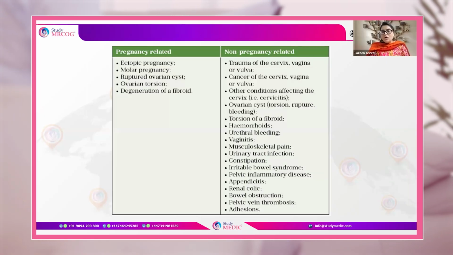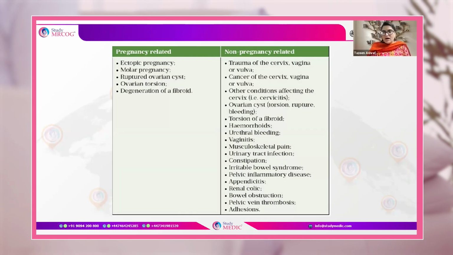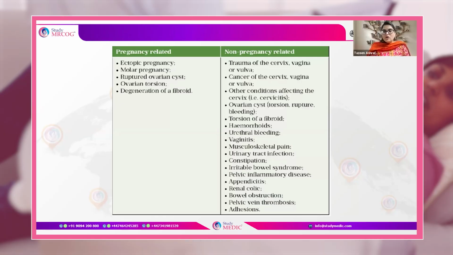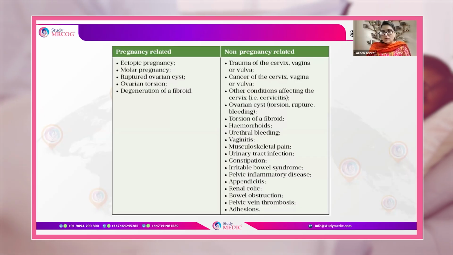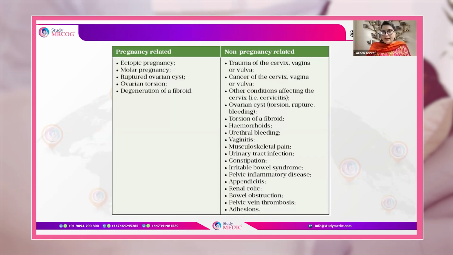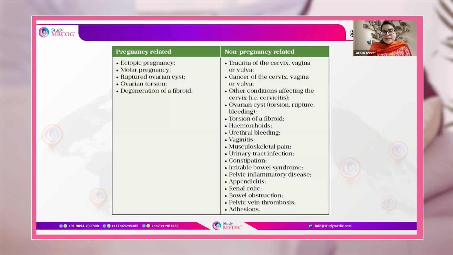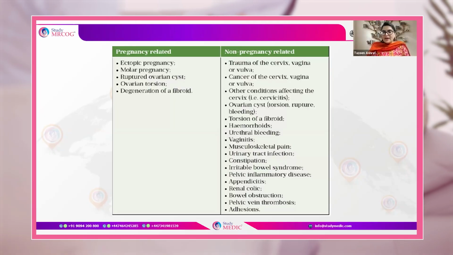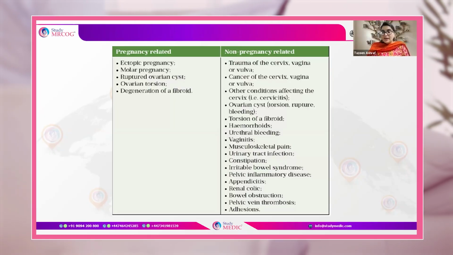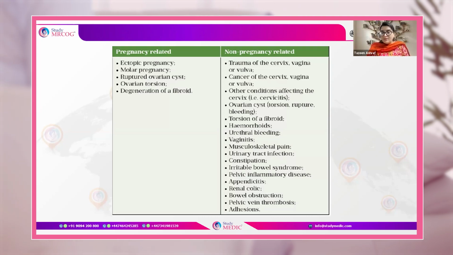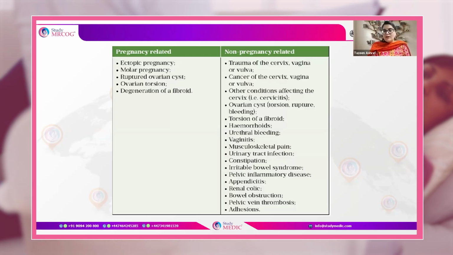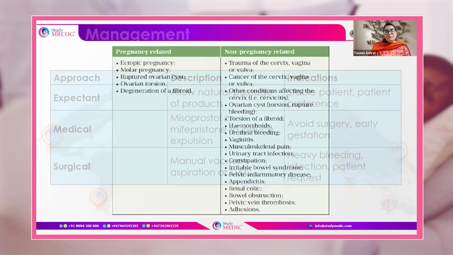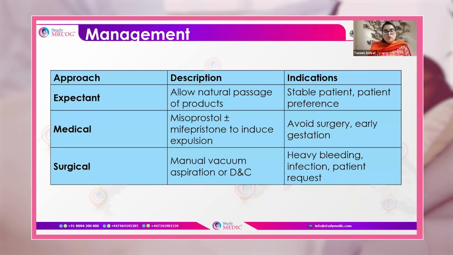Non-pregnancy related: trauma to the cervix, vagina or vulva, cancer of the cervix, vagina or vulva, other conditions affecting the cervix, ovarian cyst, torsion of the fibroid, hemorrhoids, urethral bleeding, vaginitis, musculoskeletal pain, urinary tract infections, constipation, irritable bowel syndrome, pelvic inflammatory disease, appendicitis, renal colic, bowel obstruction, pelvic pain. So all of them can present in the same way.